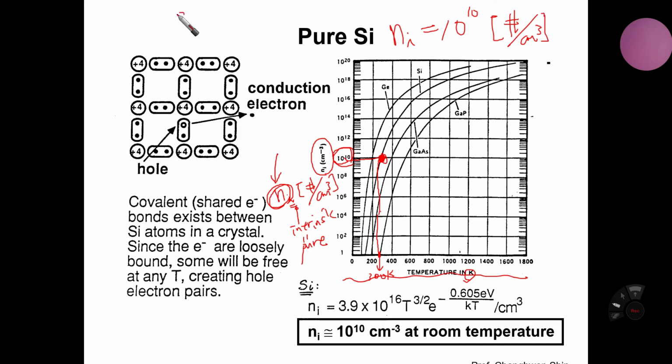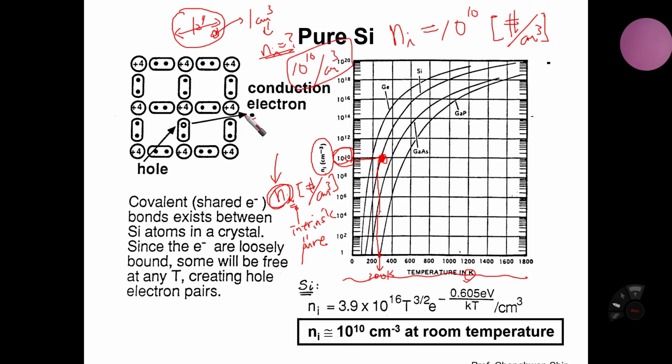As I explained, for a given 12-inch wafer, a very tiny amount of volume, say 1 cubic centimeter, how many electrons are available in this intrinsic pure silicon material? You can answer that 10 to the 10 per cubic centimeter. 10 to the 10 electrons are available.